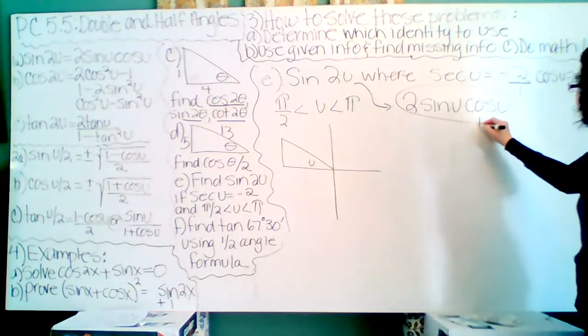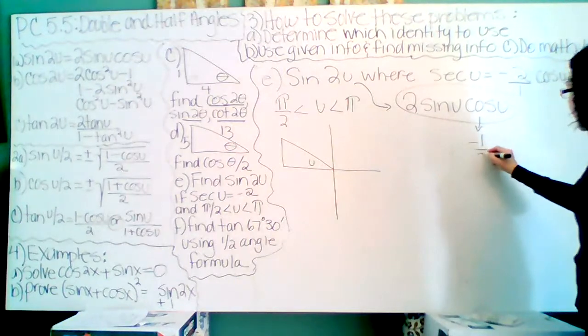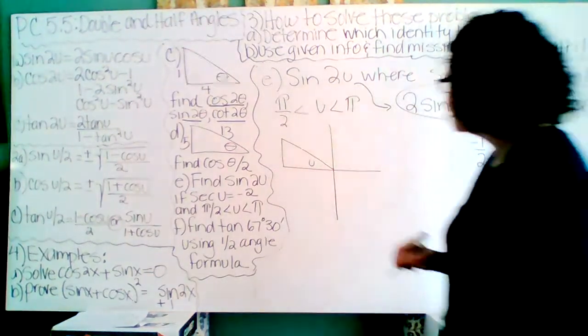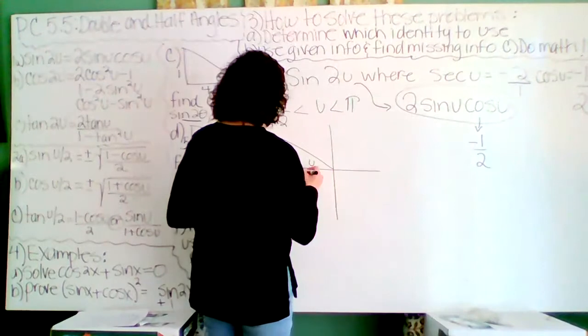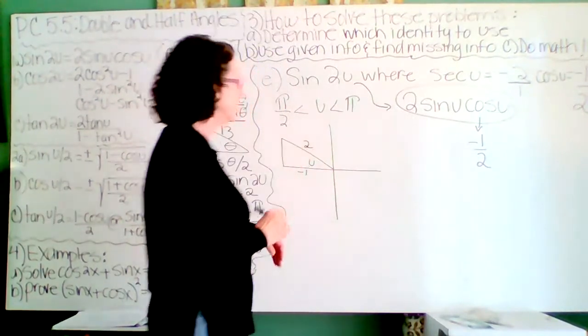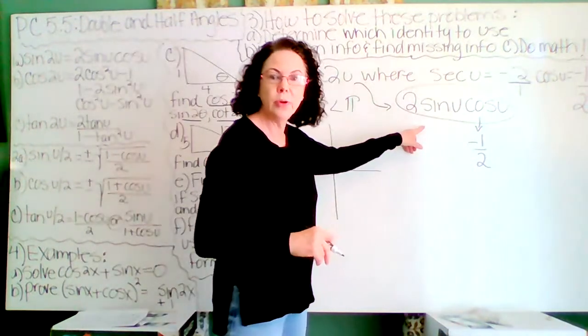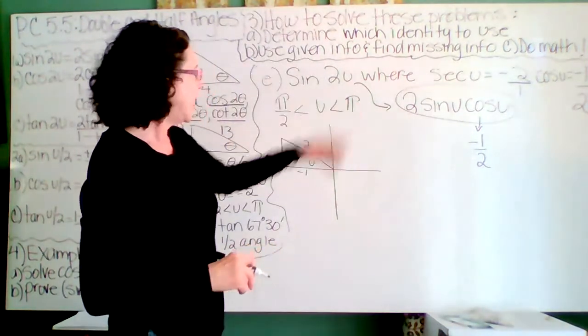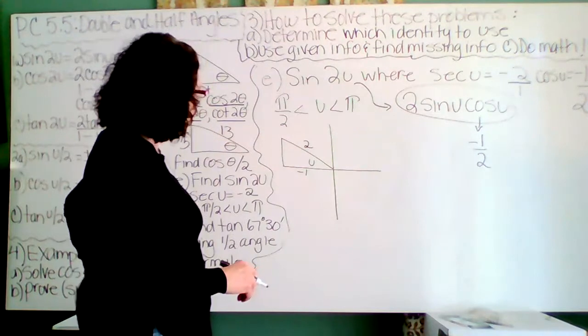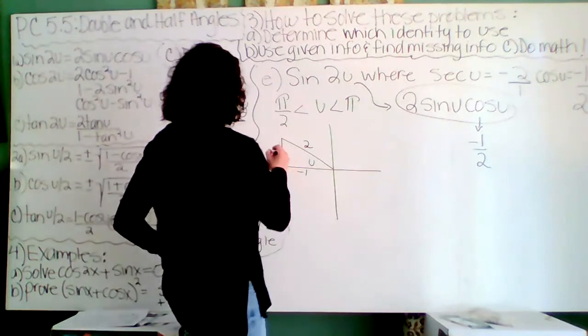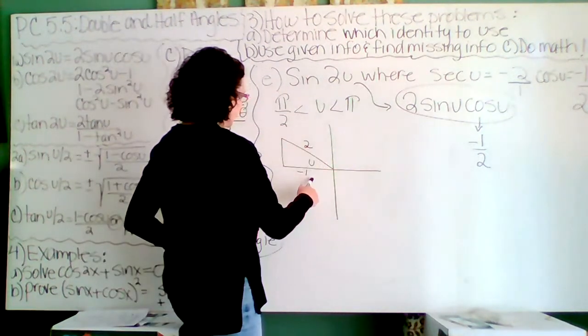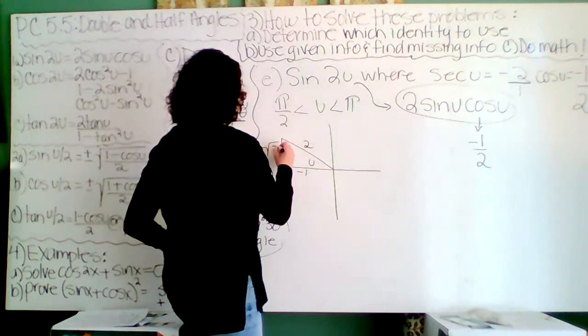And so I can put that right here. And I can put it in my picture. A -1/2. All right, all I need is sine of u here, and I will be able to use my formula. So let's see, this side would be, using the Pythagorean theorem, the square root of 3.